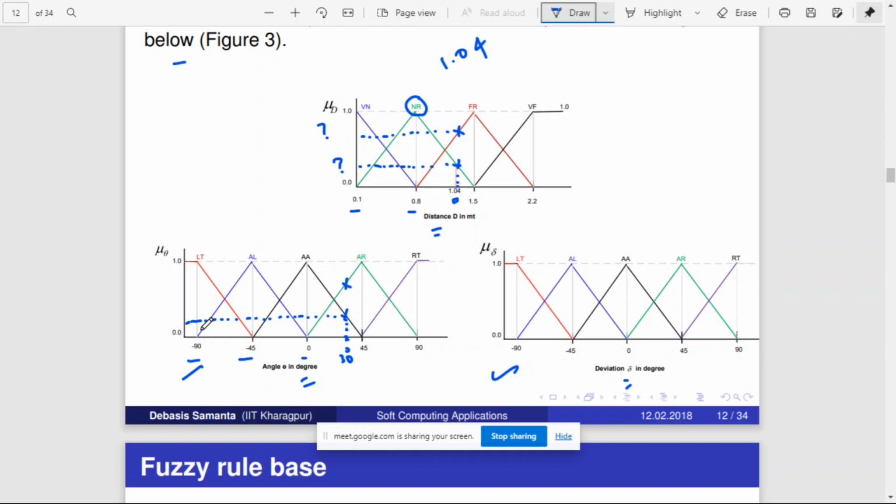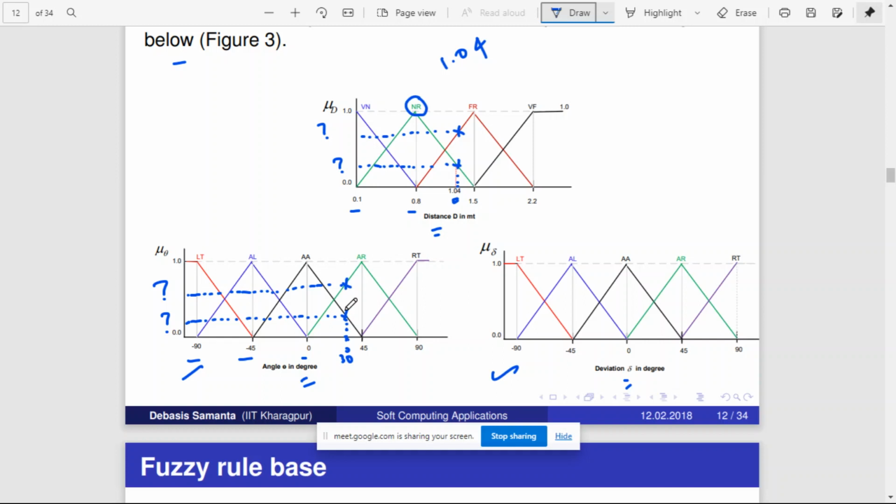Similarly, it may also come under the membership function AR, ahead, if it takes this membership value. Is it clear? So this is how we say that 1.04 will fall under near and far, and 30 degree may fall under either AA or AR. Okay, right?